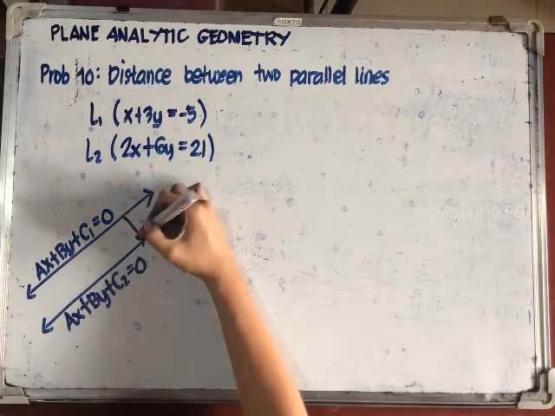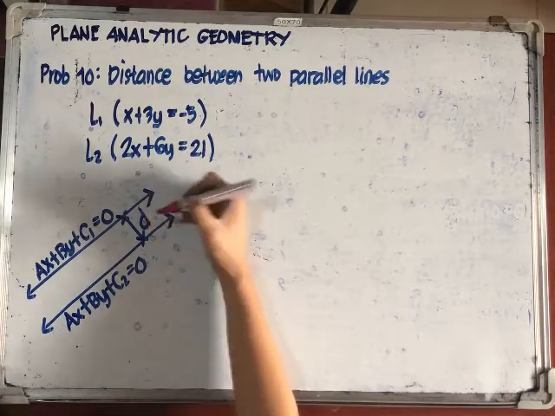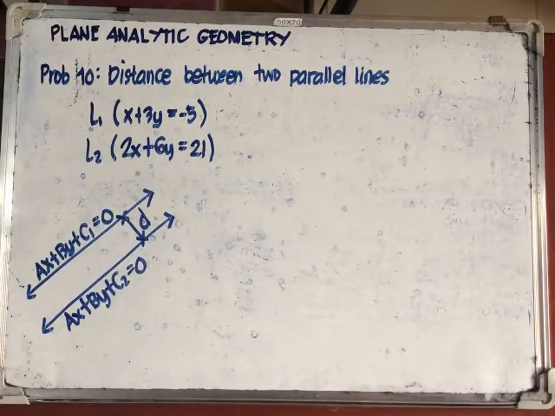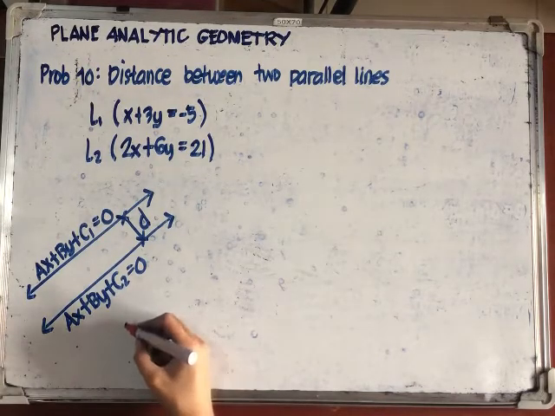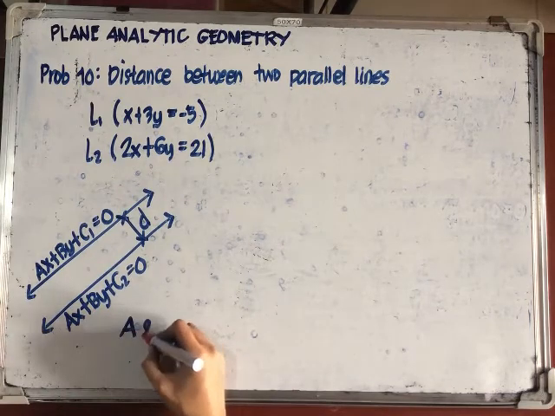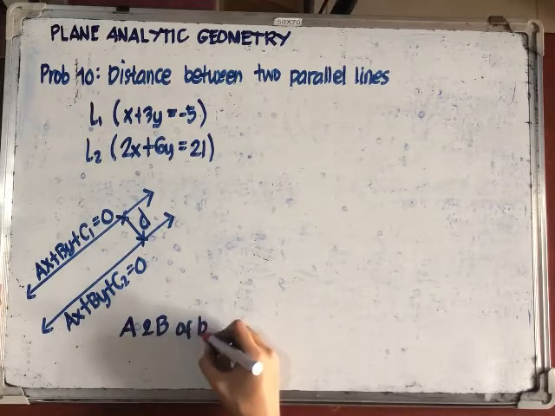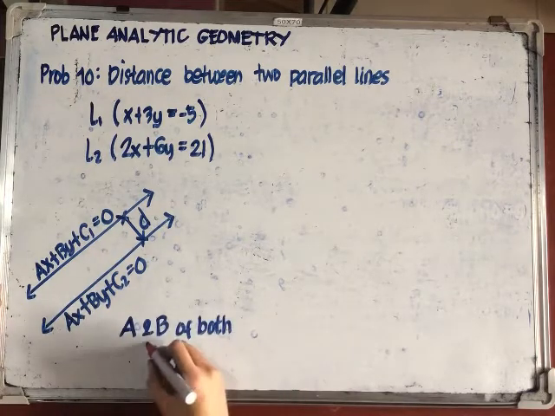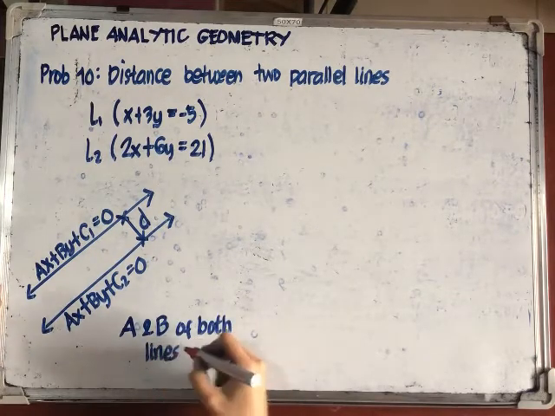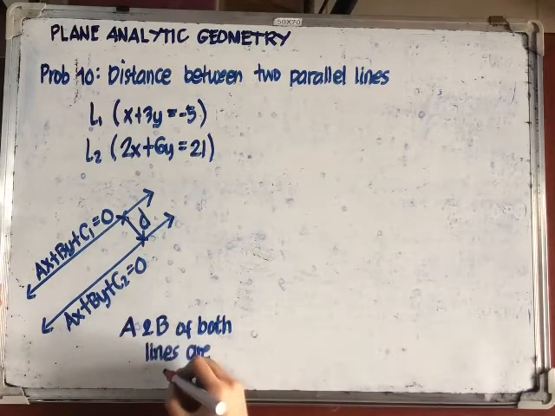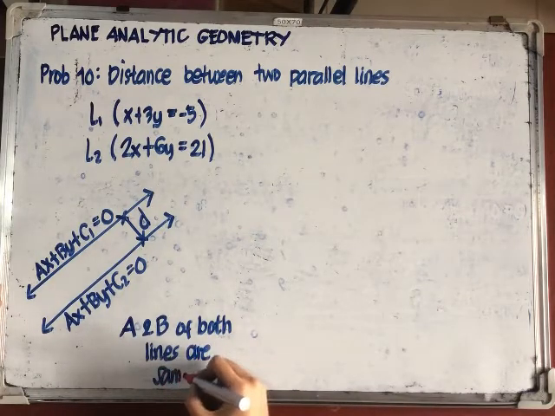And this distance d is what we are looking for in that problem. So, syempre, kapag parallel line siya, dapat pareho yung slope nila. So, that means kailangan mong i-remember that A and B of both lines are the same.